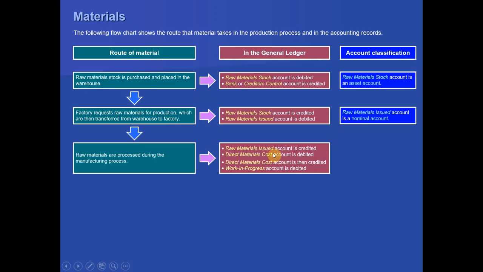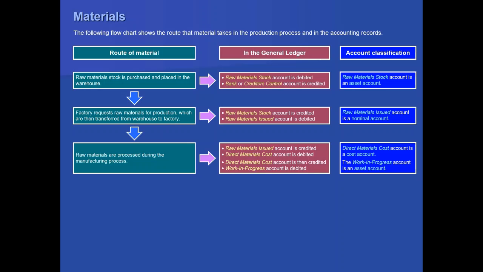But then there's even a further process where this direct material cost account is credited and transferred to the work in progress account, which is debited. Remember, direct material cost was debited originally, so that's why we now have to credit it to get rid of it and transfer it to the work in progress account, which is now debited.